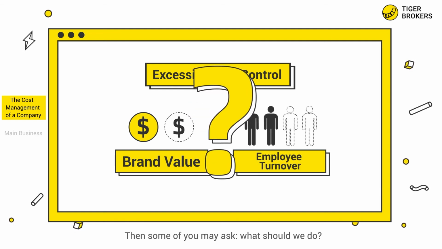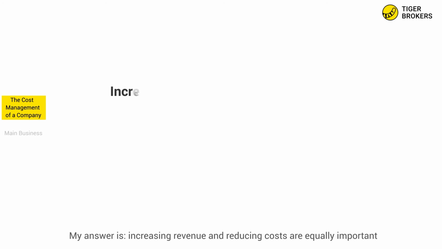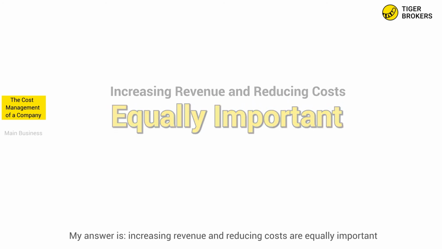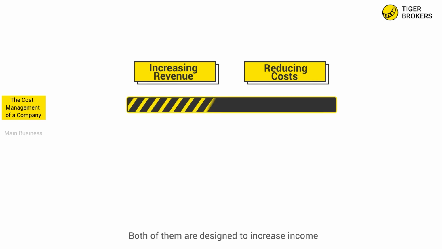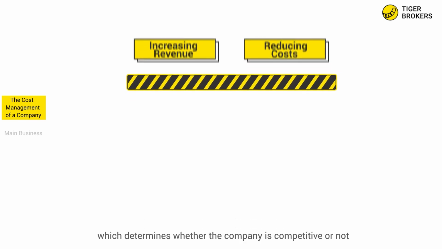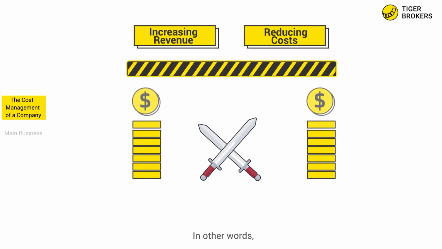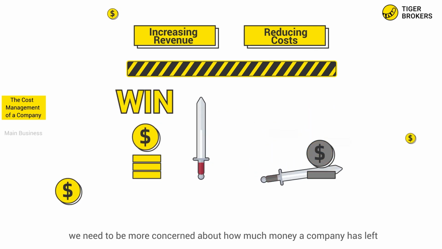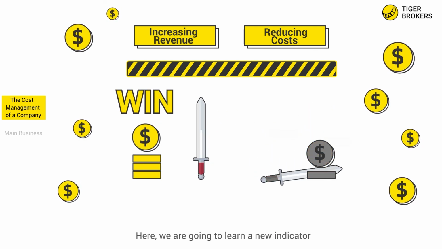Then some of you may ask, what should we do? My answer is, increasing revenue and reducing costs are equally important. Both of them are designed to increase income, which determines whether the company is competitive or not. In other words, we need to be more concerned about how much money a company has left. Here, we're going to learn a new indicator.